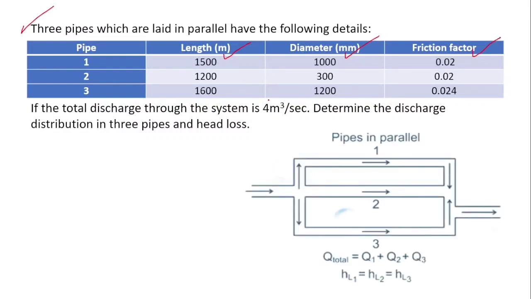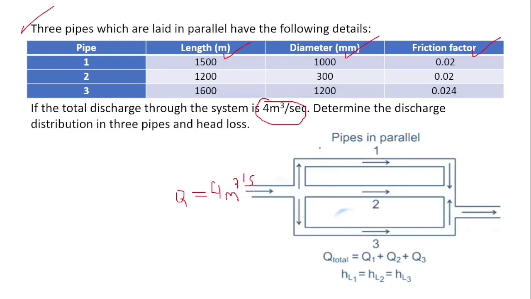So Q is equal to 4 meter cube per second.